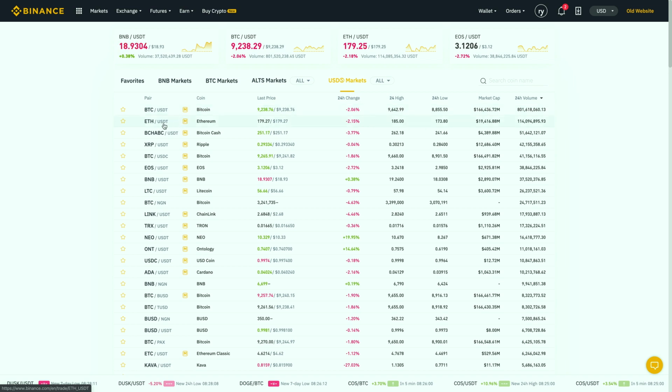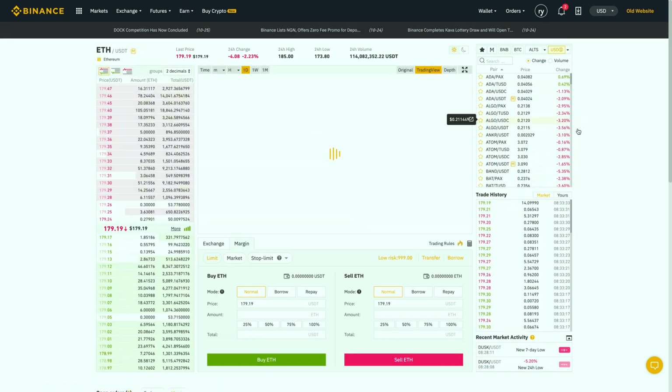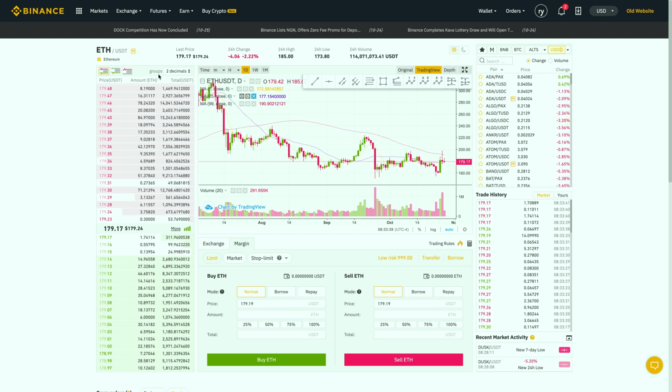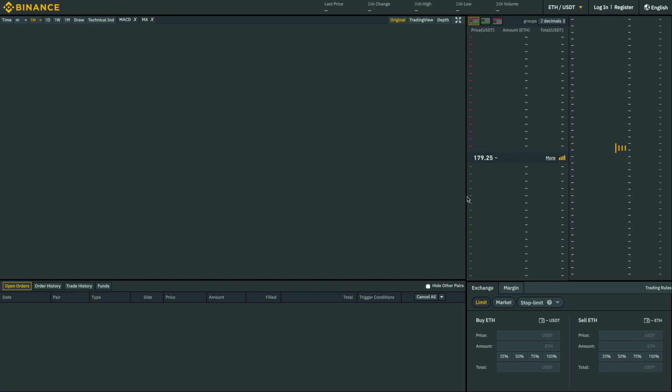So I've already sent over some Ethereum. So we'll trade Ethereum for some US dollars. If you click on that, you'll be brought to a page that looks like this. This is the basic page, right? There's an advanced page as well. But I'm going to click on advanced just because it's a little bit nicer.